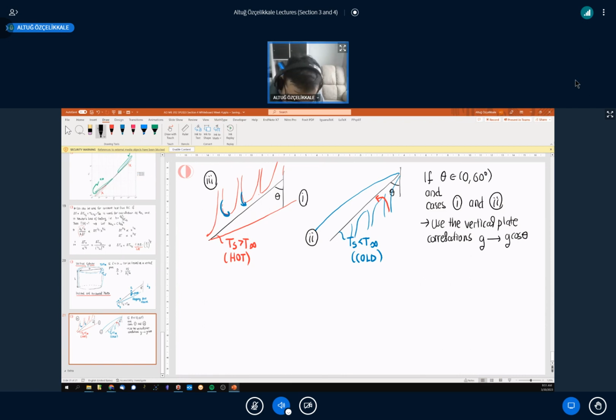But this is really complex. It's a complex three-dimensional flow, and we are not going to be really covering it in this class for the inclined plate. Cases 3 and 4 are marked with complex three-dimensional flow.